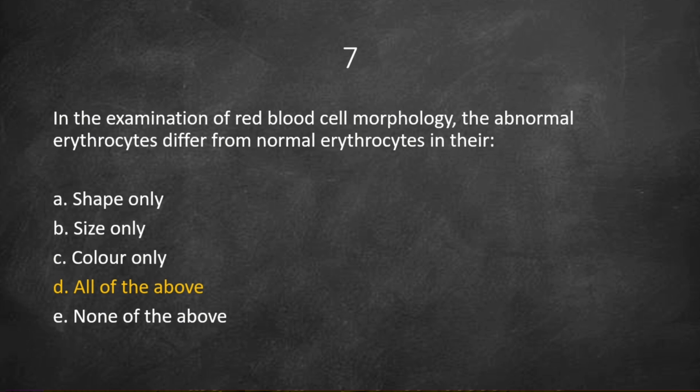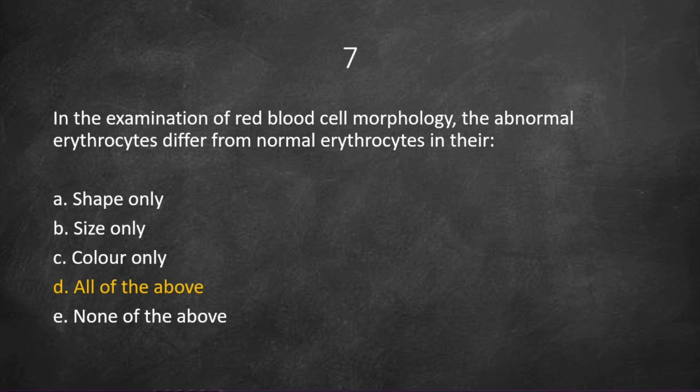So if you're examining a blood preparation, let's say a blood film, and you're looking at the red blood cells, the normal versus the abnormal, one of the features that you use to distinguish them is of course their shape.